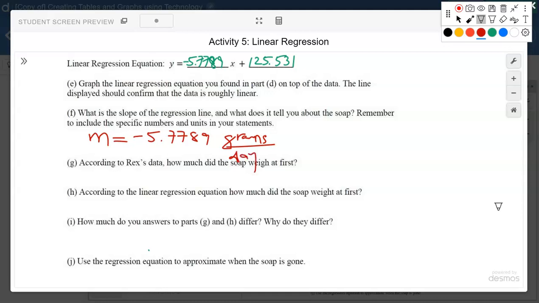So it's negative, so remember our line earlier is like this, it's decreasing. So the weight of the soap decreases every day by 5.7789.